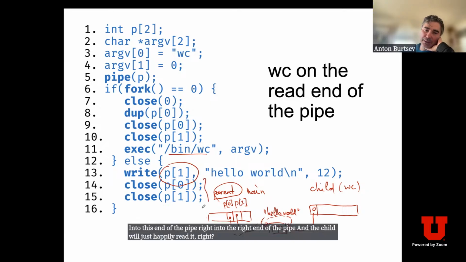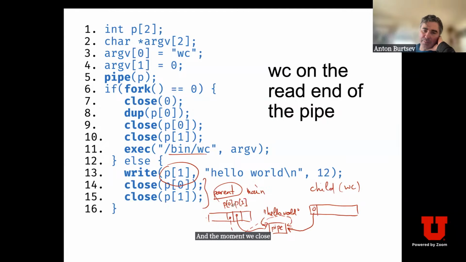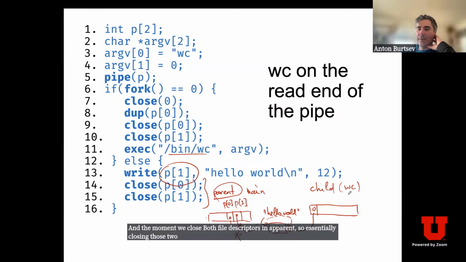And the moment we close both file descriptors in the parent, closing those two links, the WC, remember, I never showed the code, will realize that all the write ends of the pipe are closed, because we closed them here as well.